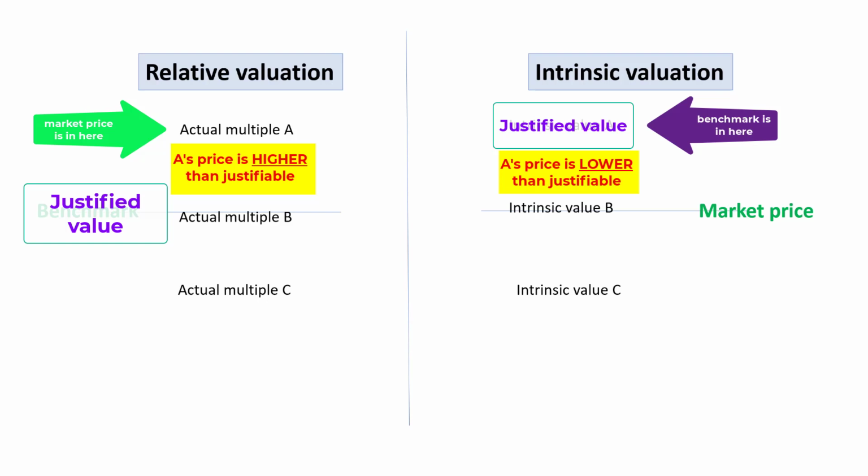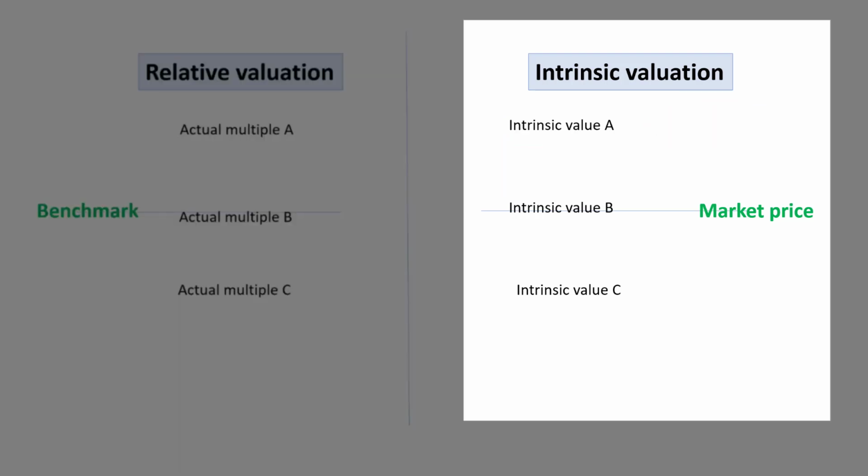Let's stay with intrinsic valuation. So the justifiable value, the intrinsic value in case A, is above the market price. Therefore, the market has undervalued that share in case A, and the investor would buy.